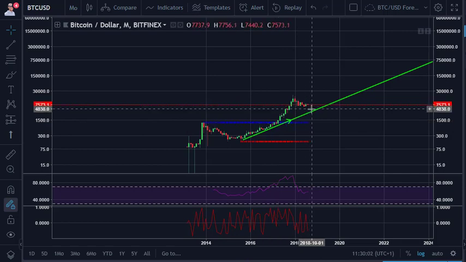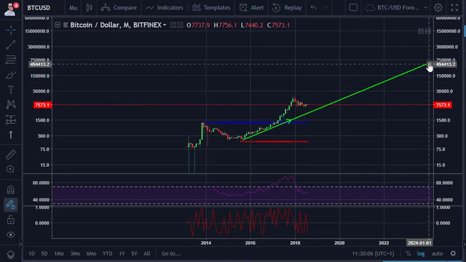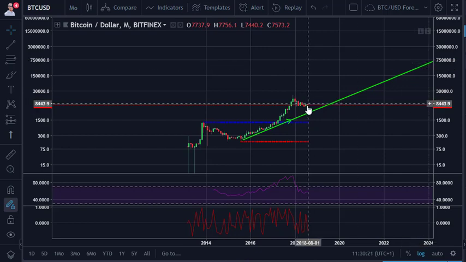It's not been retested yet, but if we follow that line up to 2024, we could reach over $500,000 per Bitcoin by 2024. So if your strategy is number one, HODL, you could be very rich by that point. But also it's reassuring for any other strategy as well.